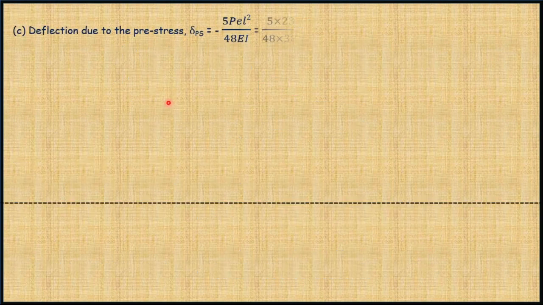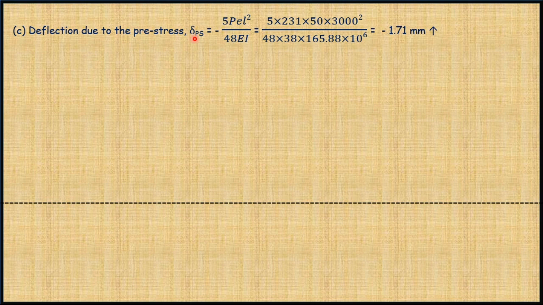Moving to the part deflection due to the pre-stress, where only the pre-stressing force is acting. Here the parabolic tendon has eccentricity only at mid span and the supports are anchored exactly at the central point of the member, so there is no eccentricity at supports. For that we have the formula: minus 5 PeL square divided by 48 EI.